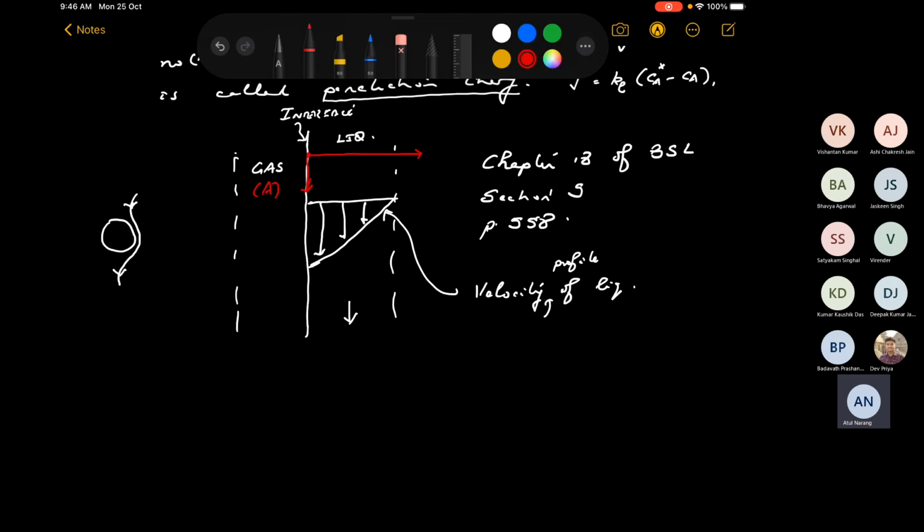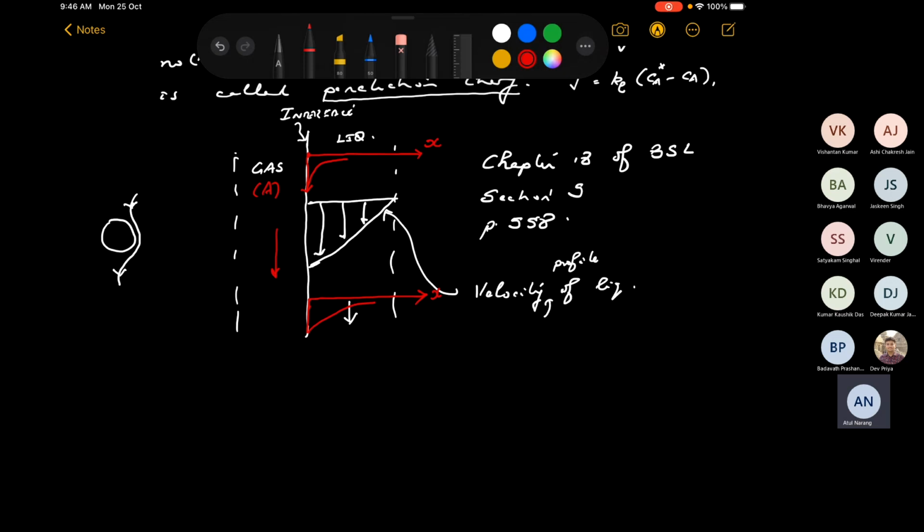Initially it may be like this, and as the liquid flows downward, the concentration profile spreads outward.